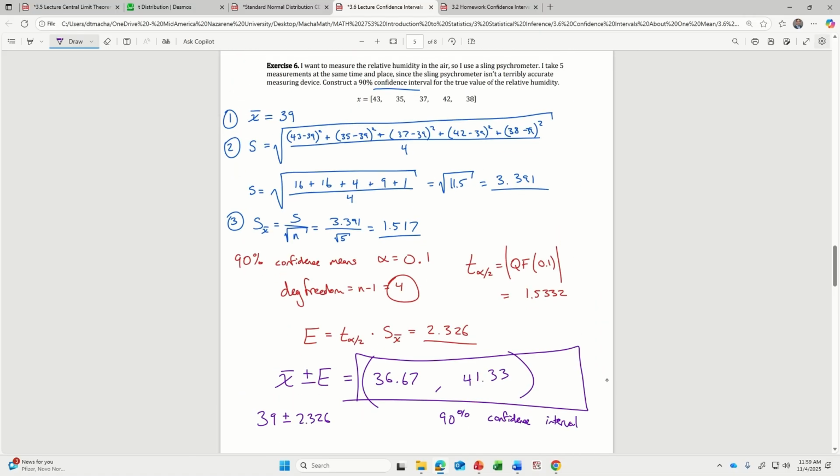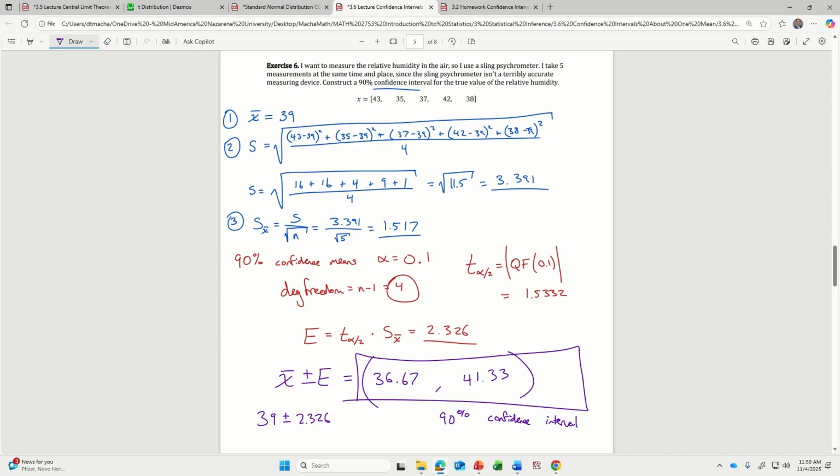In the context of my problem here, I took 5 measurements of the relative humidity. What it means is that I've got 90% confidence that the actual value of the relative humidity outside is between 36.7 and 41.3% relative humidity.